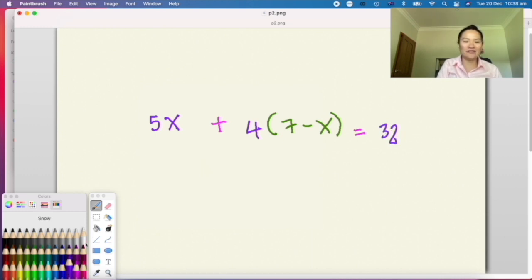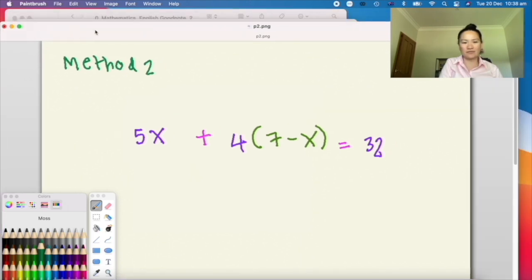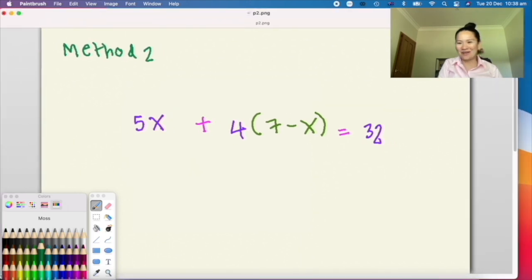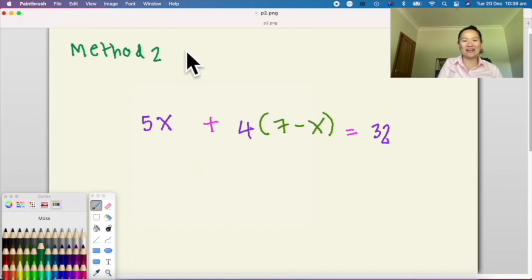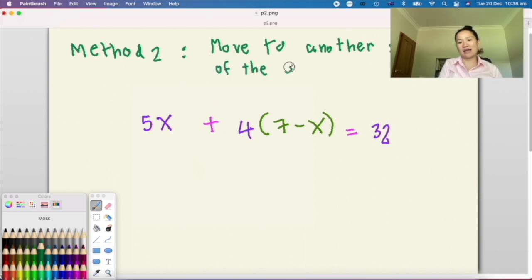Okay, let's do it guys. This method is method 2, which I quite like. I think it's quicker. Method 2, we call it move to the other side of the equation.